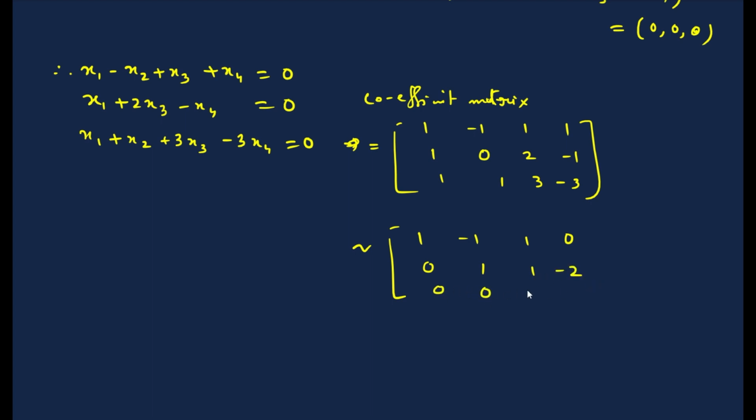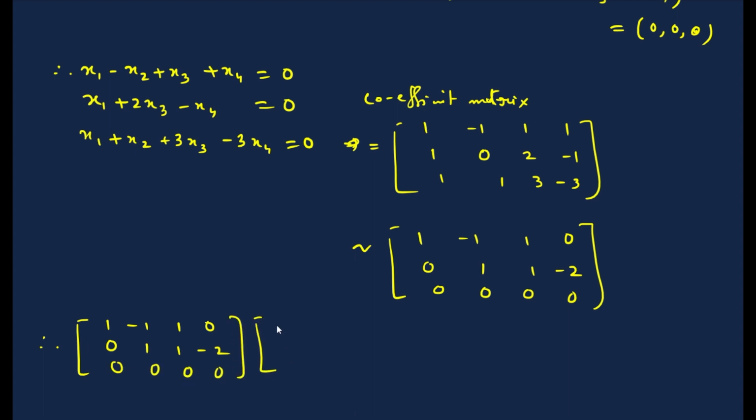So the last row will be all 0. One row is completely 0, but the other two are non-zero. So this is the new form: 1, minus 1, 1, 1 and 0, 1, 1, minus 2, and 0, 0, 0, 0. With this we have the vector x1, x2, x3, x4, and the right side 0, 0, 0.